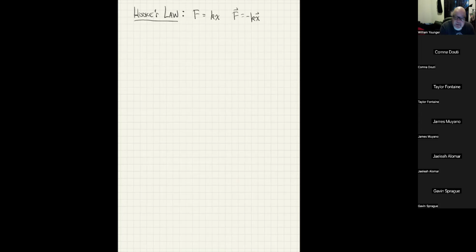And the reason being is if you actually are pulling, say, on a rod, you've got one end of a rod sitting in a vise that's very connected to something very heavy or immovable. And then you're pulling the other end of the rod to try to stretch it. The force the rod is applying to you is in the exact opposite direction of the stretch. That's why the negative's there.